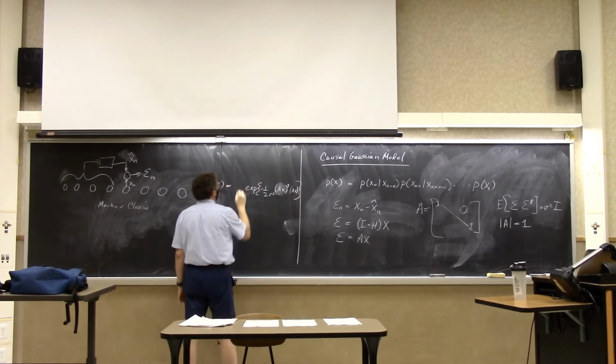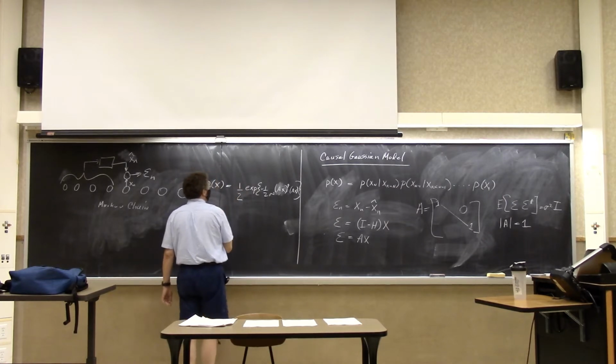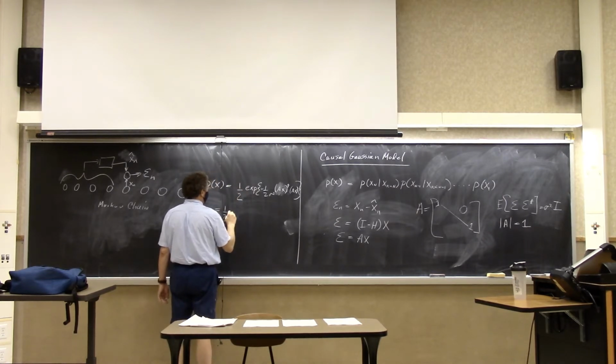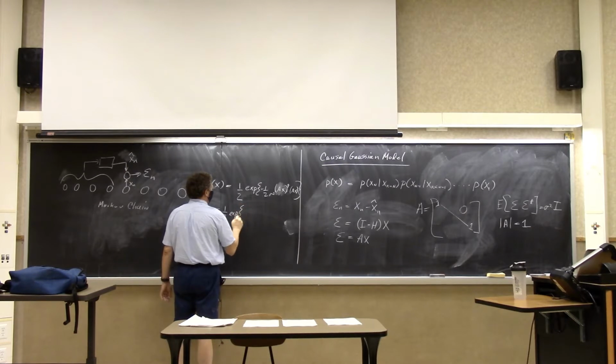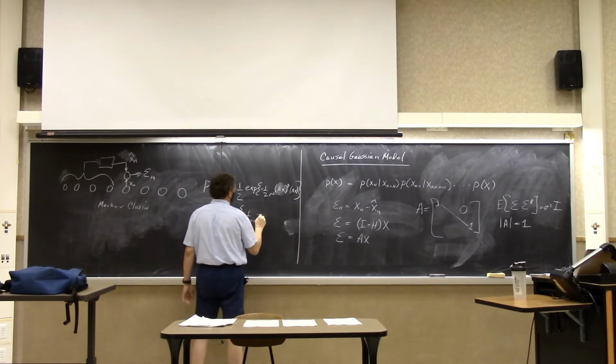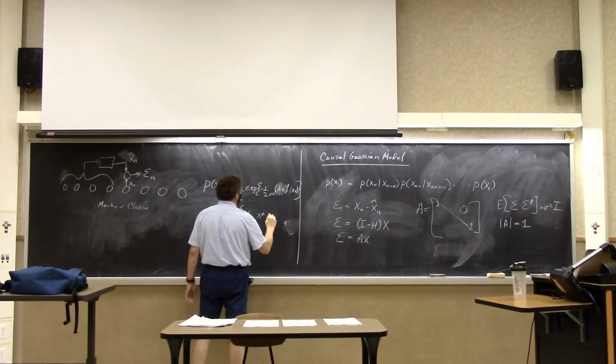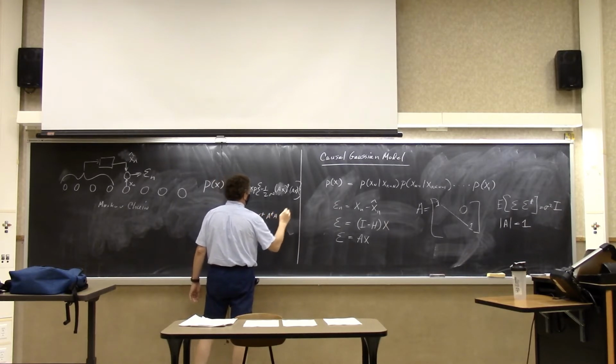And this is 1 over z. So this thing is going to be 1 over z times the exponential of minus 1 over 2 sigma squared x transpose A transpose AX.